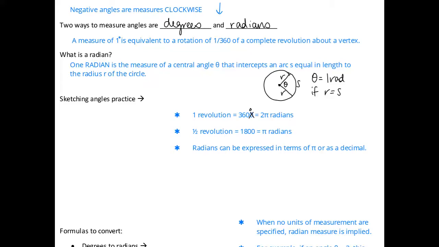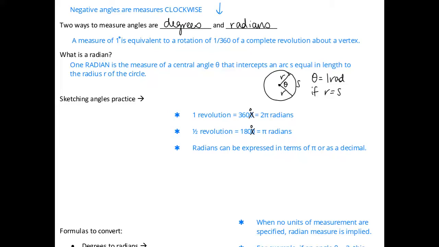And then half a revolution, if we cut that in half, is 180 degrees, or pi radians. And we can continue to make those kind of fractional cuts to determine radians in versions of pi. We also note that radians are typically, for us, going to be using pi, but it's also possible to have like 2.34 radians. It doesn't always have to be in terms of pi.